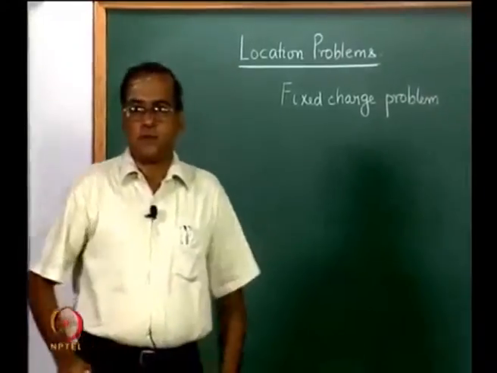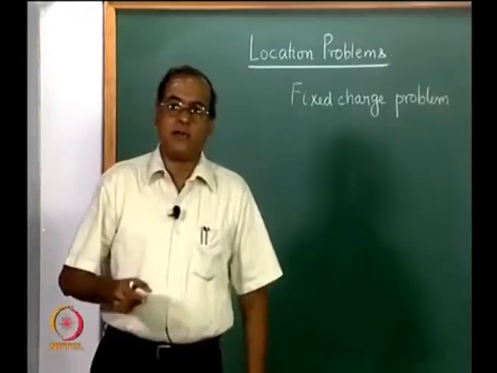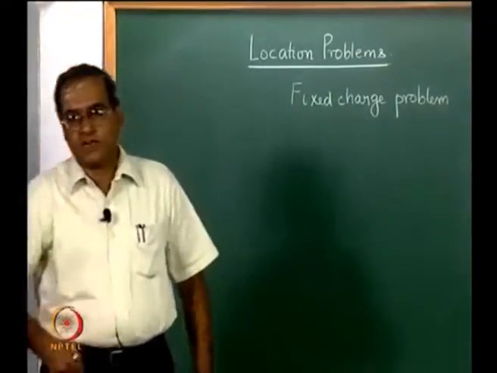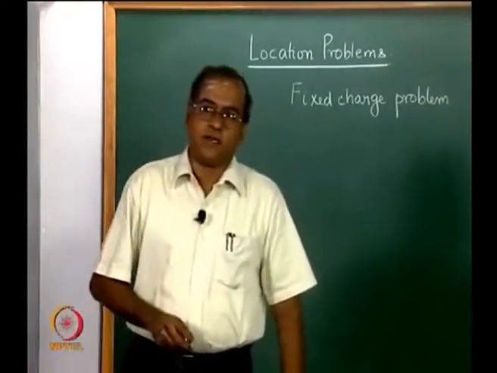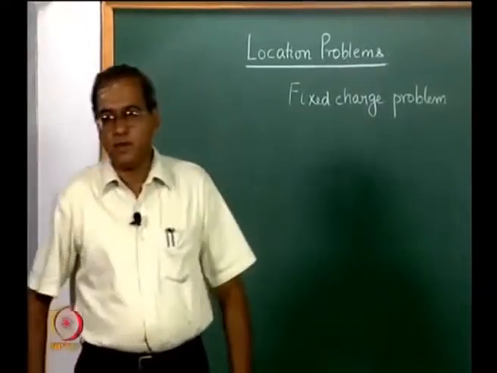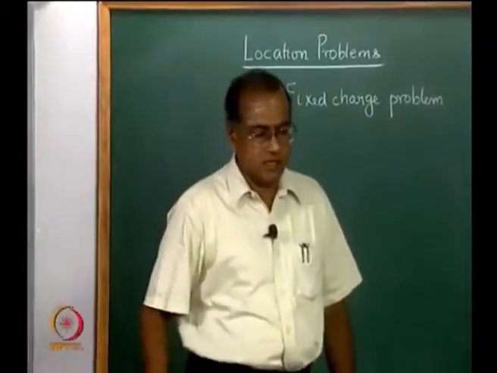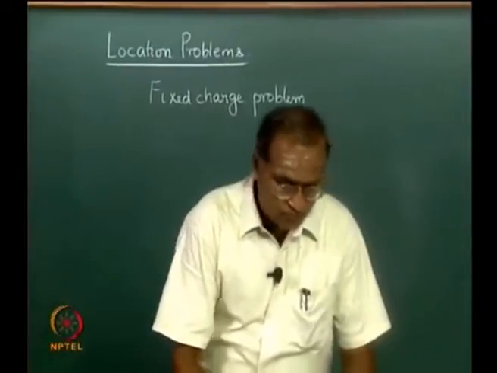We saw two versions of the problem. One version is where a demand point can receive from two facilities, the other version where every demand point is met from only one facility. So, we will take a numerical example to show how this fixed charge problem works.